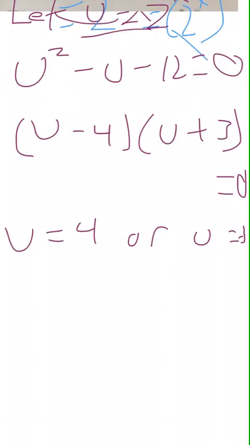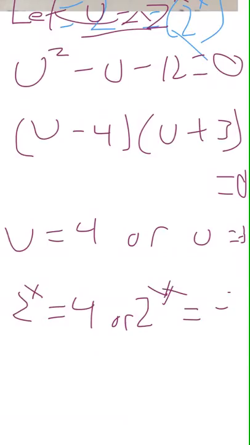Now, remember, u is just equal to 2 raised to a power of x. So instead of u equals 4, it'd be 2 to a power of x is equal to 4. And instead of u is equal to negative 3, it'd be 2 to a power of x is equal to negative 3.